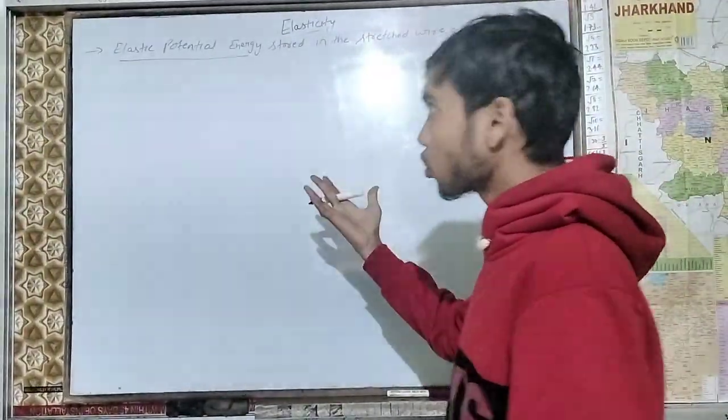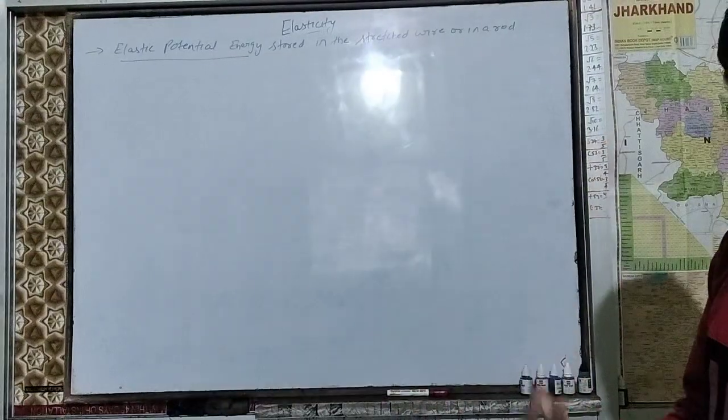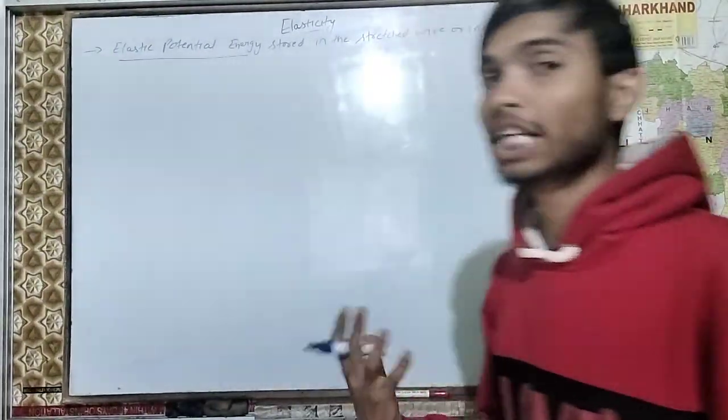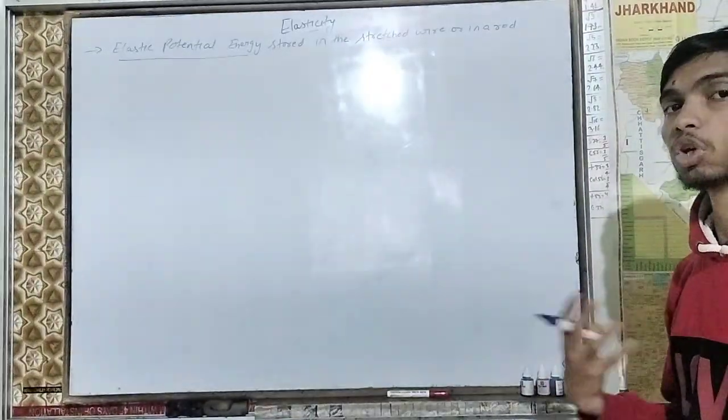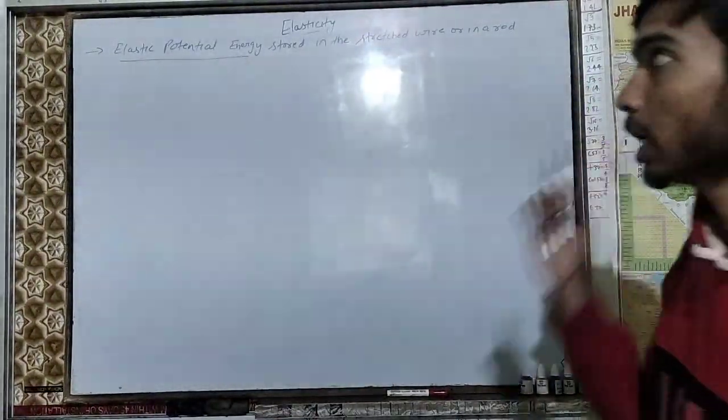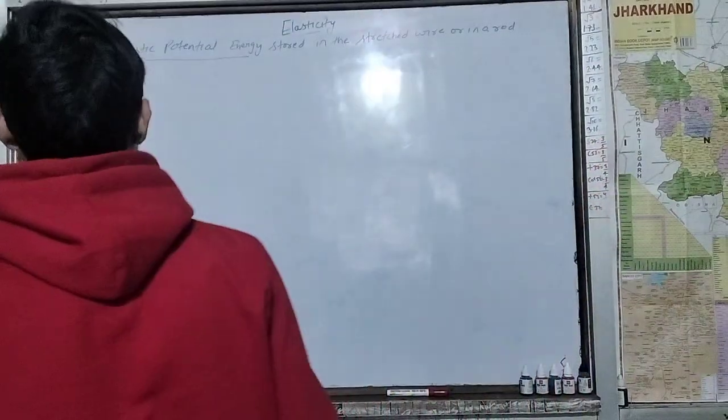If you are in the context of electricity, electrostatics, then we understand that we have electrostatic potential energy, or you can say electric potential energy. But we need to stay in our context.